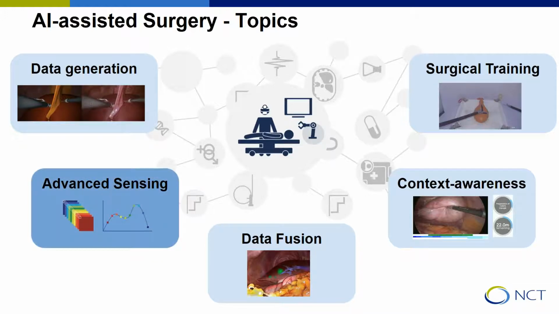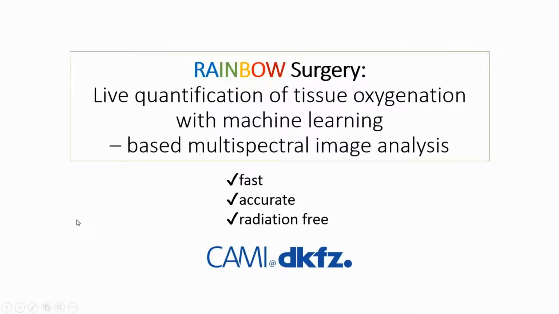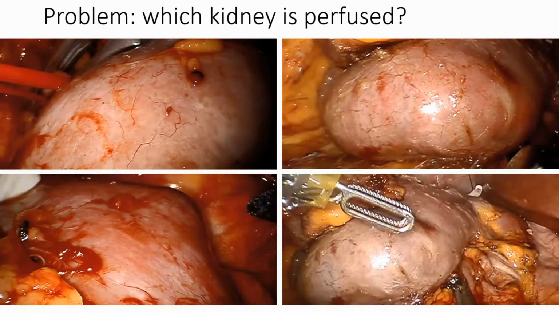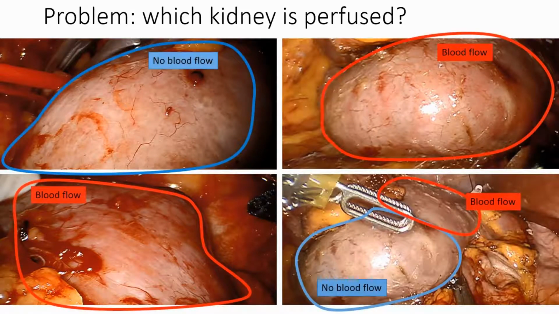This is work from a group in Heidelberg we are closely collaborating with. It's Lena Maier-Hein's group, and they developed a new multispectral imaging endoscope, which involves deep learning to do multispectral image analysis.